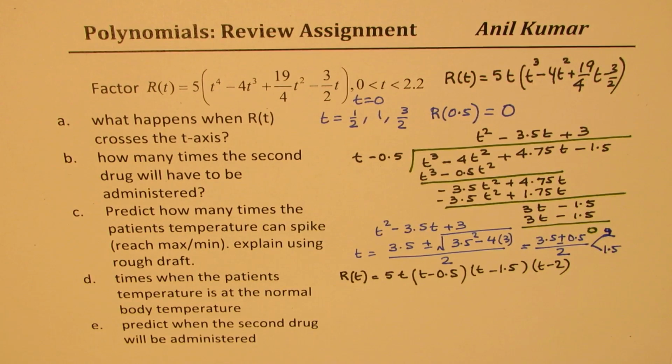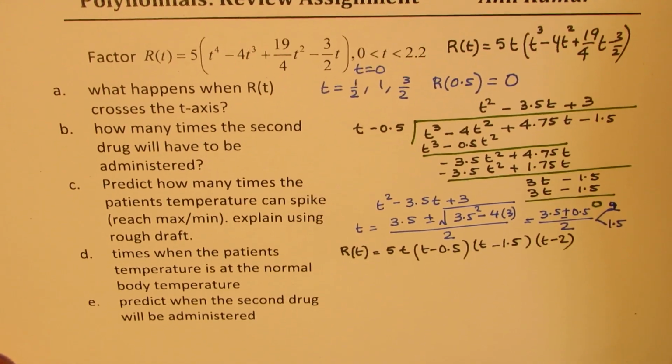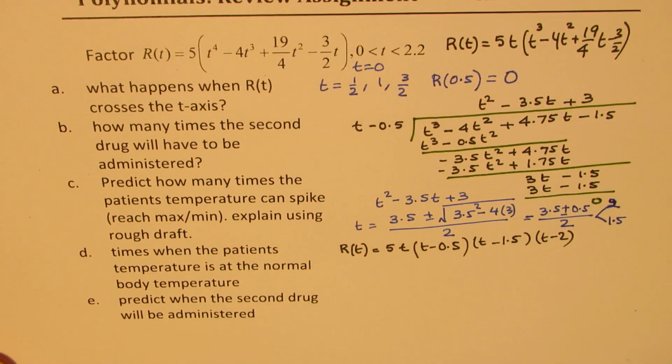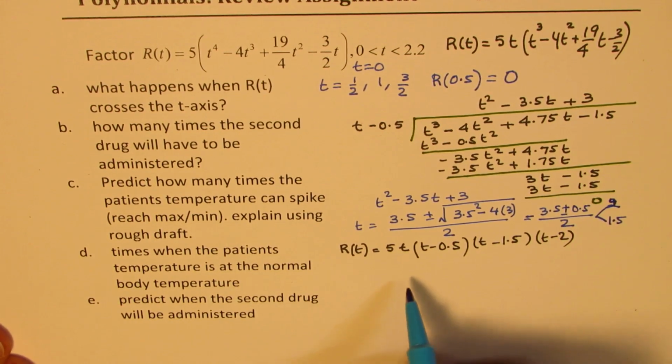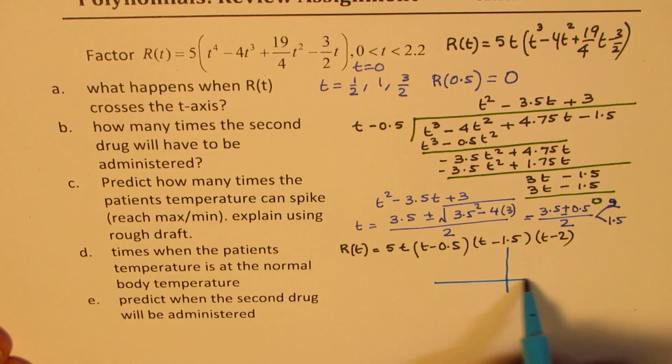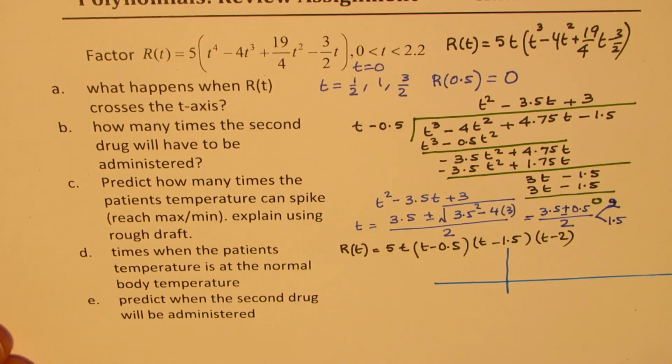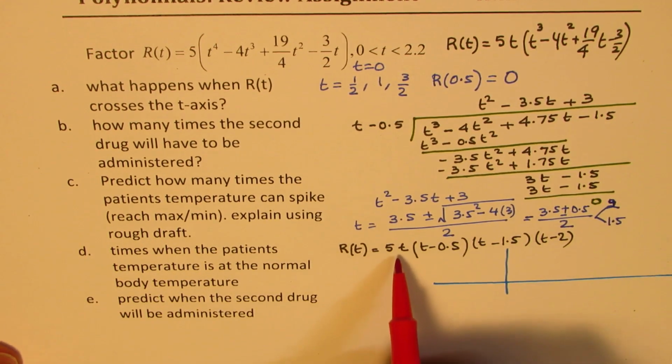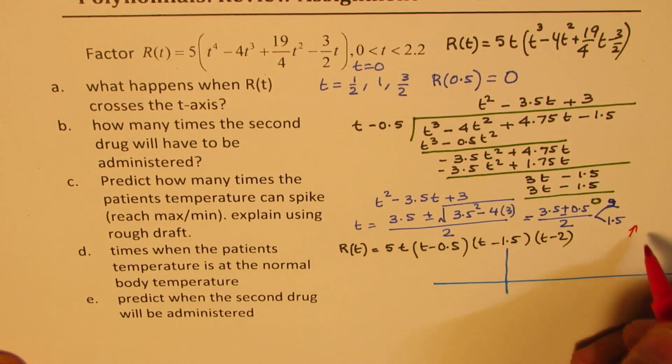Now it's a good idea to sketch the curve, and then we can actually answer most of the questions, right? So let me push the page a bit here. Okay, so let's sketch the curve. I'll do a small sketch here. Since the leading coefficient is positive, it is right side up, right?